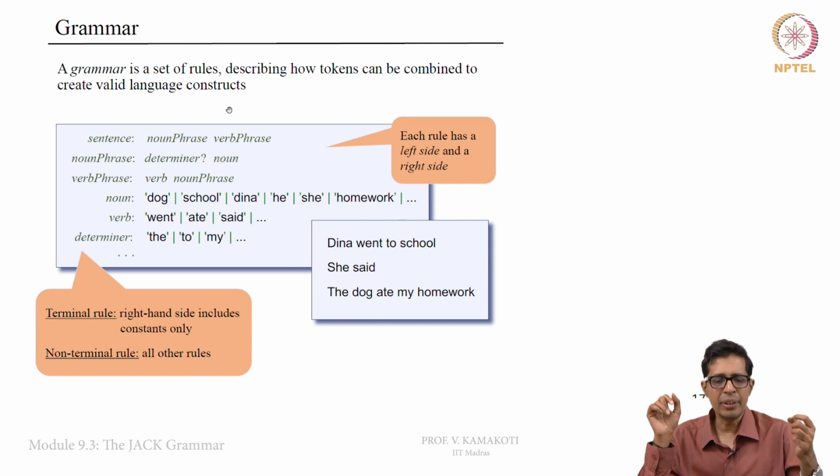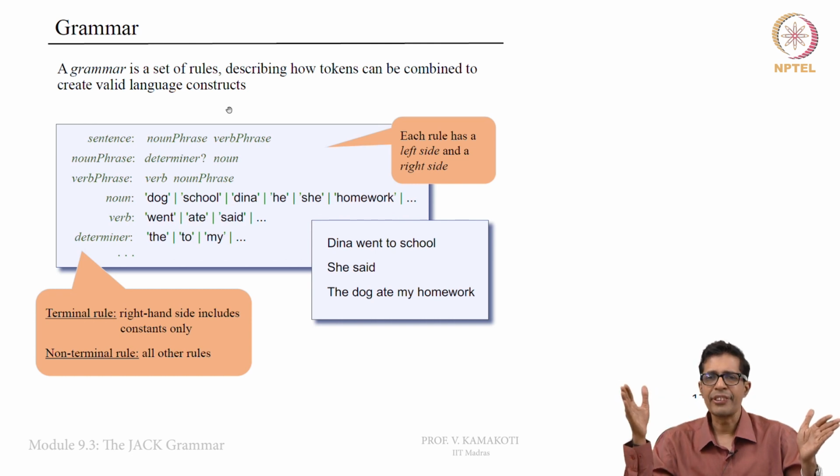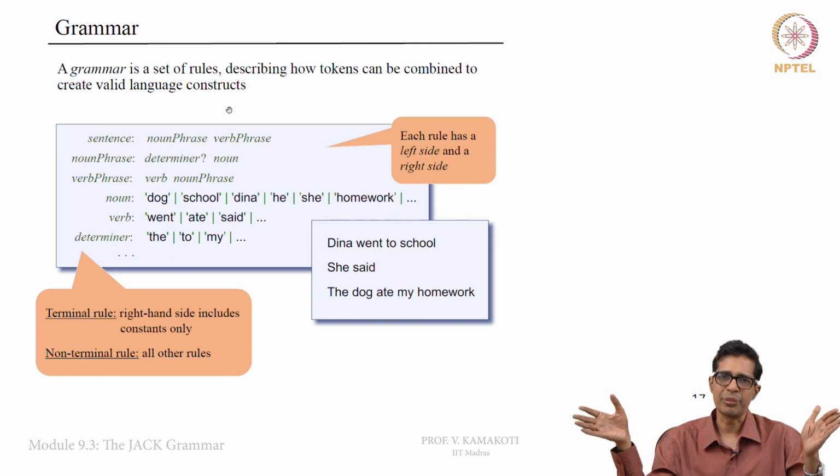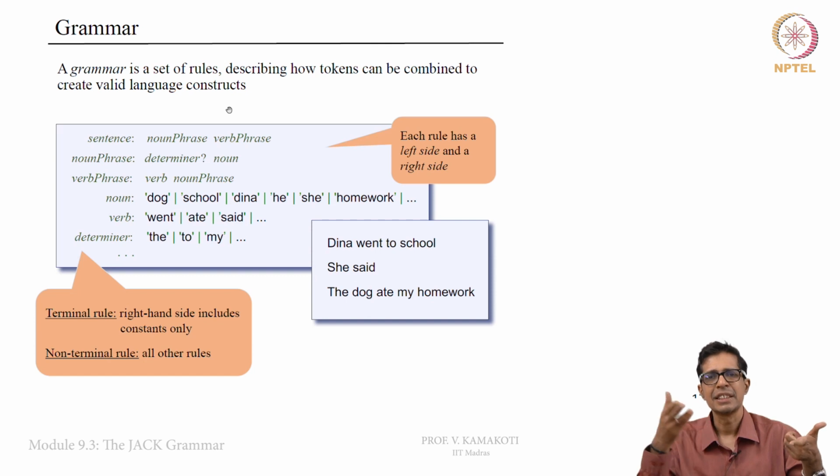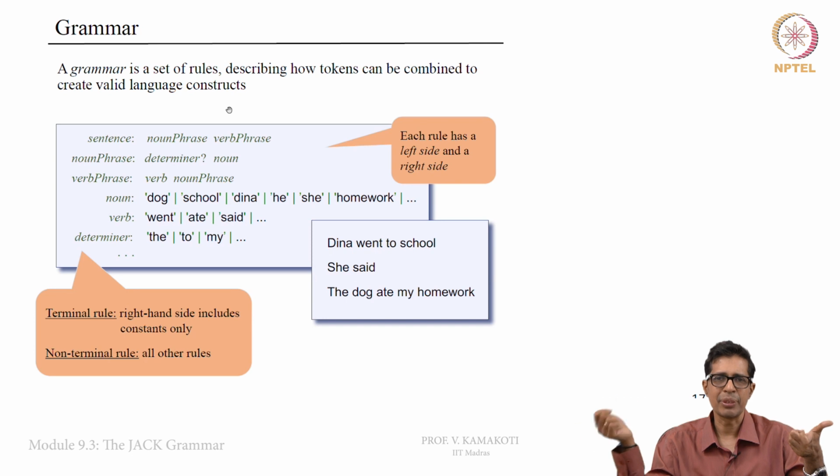So, a sentence comprises a noun phrase followed by a verb phrase. You now have something on the left side, which is a sentence, and that sentence produces two parts, namely a noun phrase and a verb phrase.